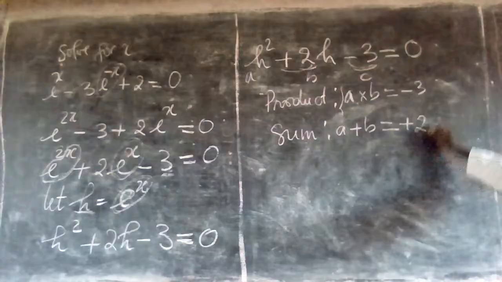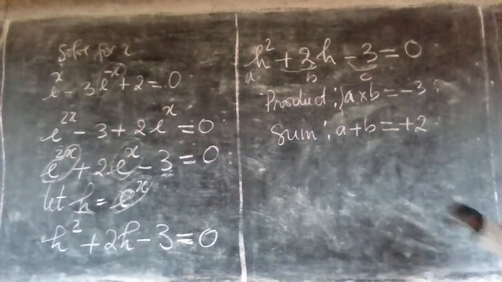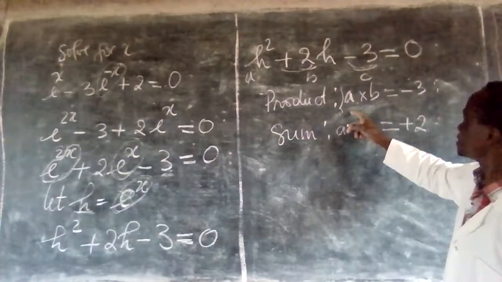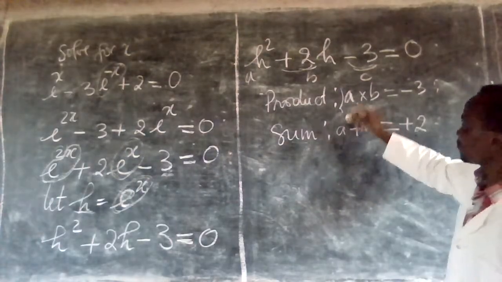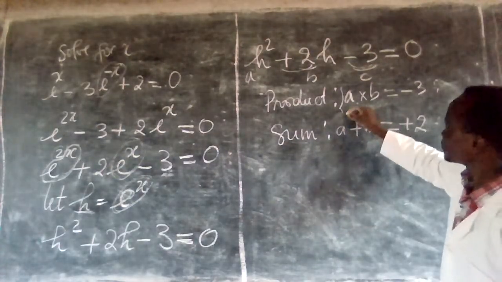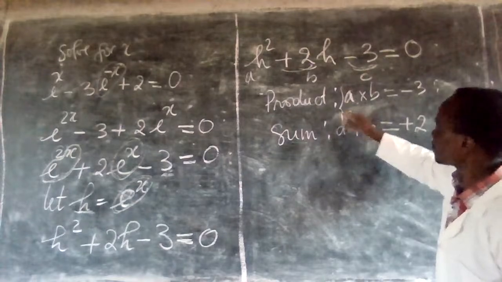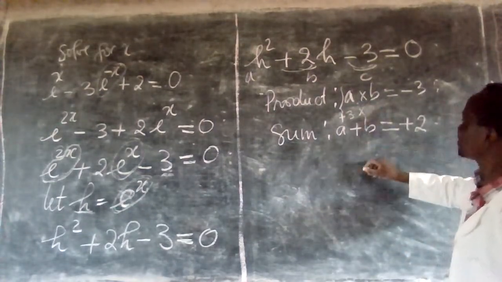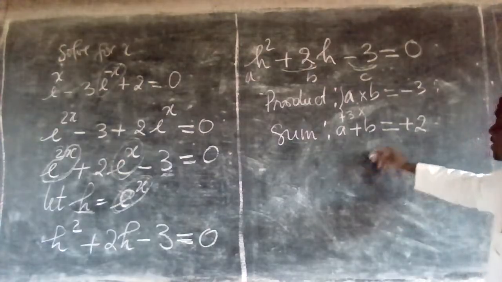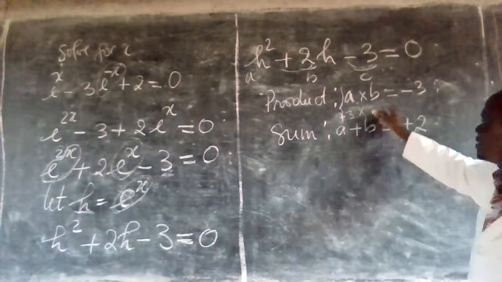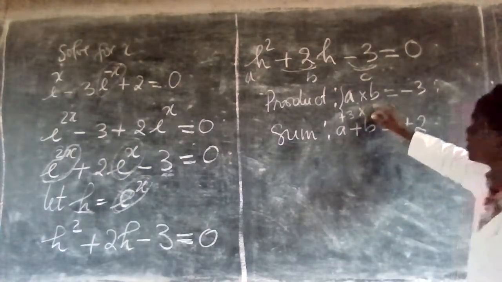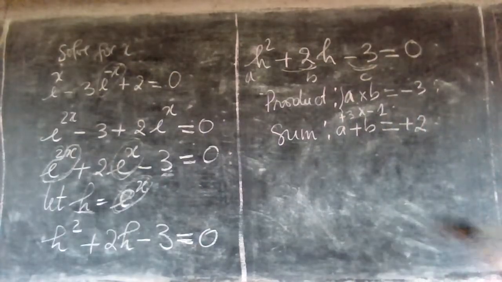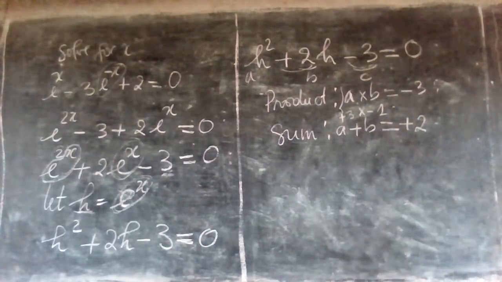You see? Now here, if I take, for example, A is equal to 3, times B equal to minus 1. There are the two numbers. 3 times minus 1.